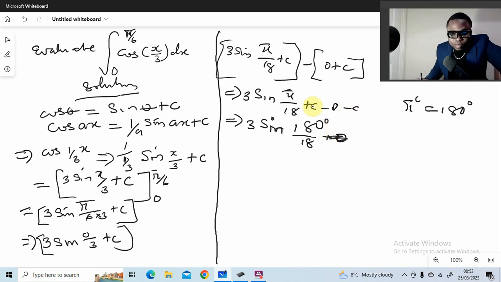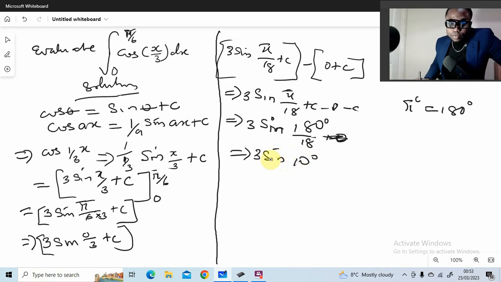Minus 0 is 0. So this becomes 3 sine 180 divided by 18, which will give me 10 degrees. So sine 10 degrees times 3.